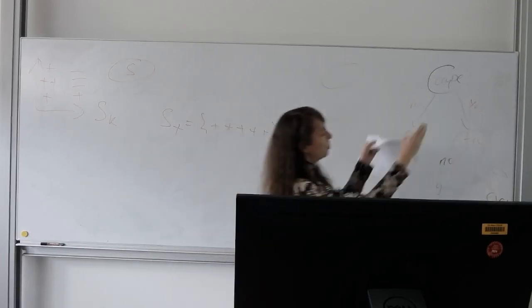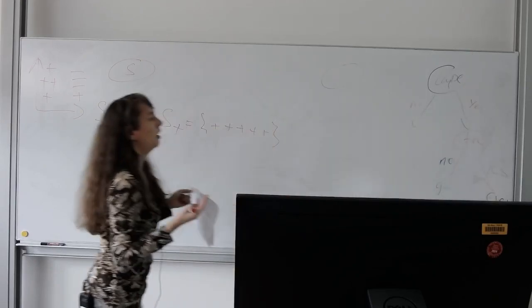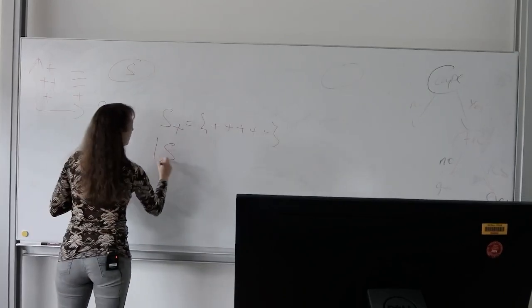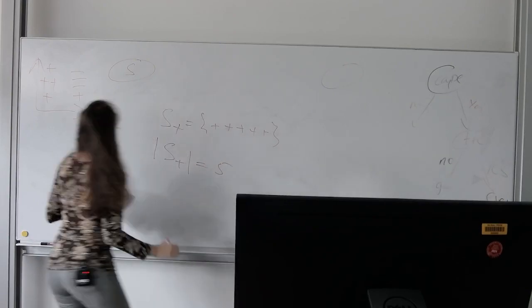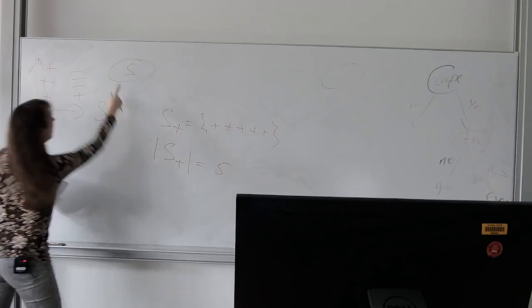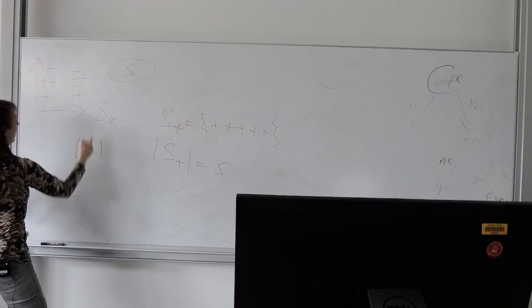Those straight lines mean the cardinality, the number of points in the set. So the cardinality of the set plus would be 5 in this case, we just count them. The cardinality of set S would be 8.